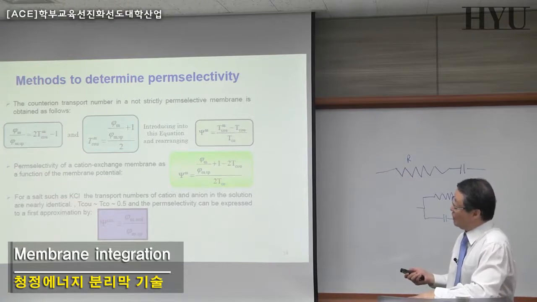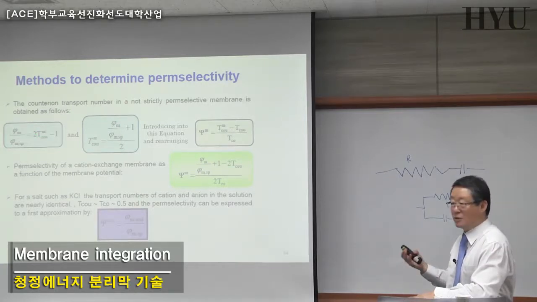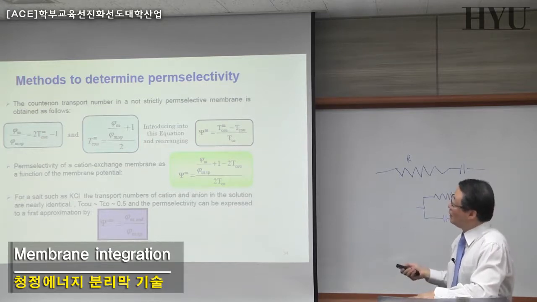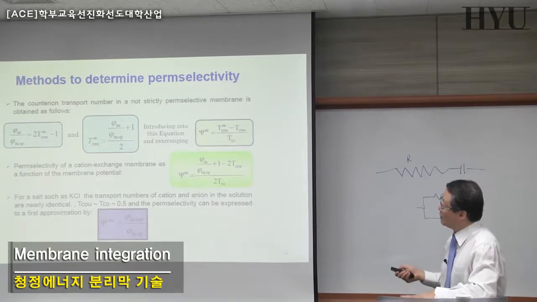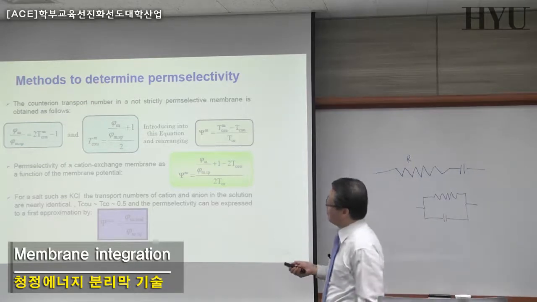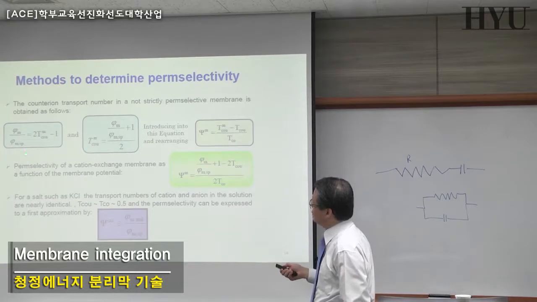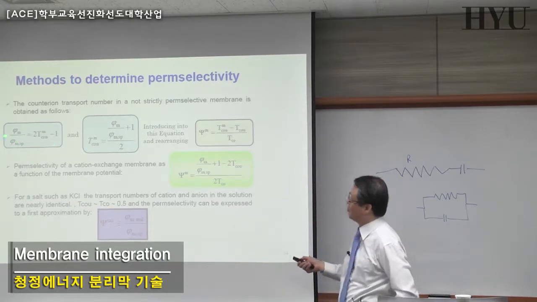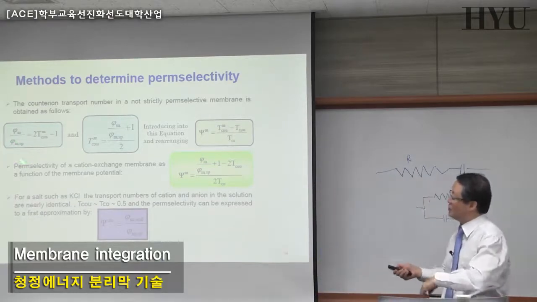Transport number. So we have talked about the transport number, and phi m, the membrane potential, is related to the transport number of the counter ion and the co-ions. And if you have a specific membrane resistance, we can describe this equation here.